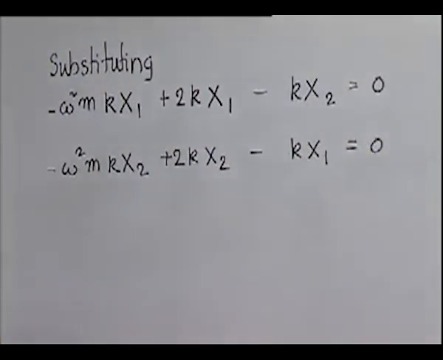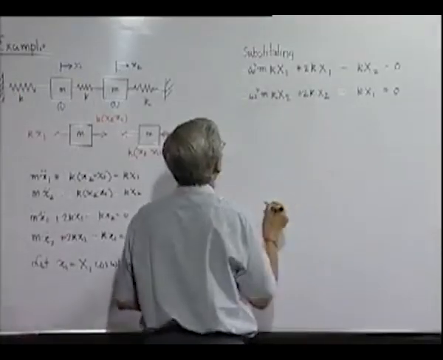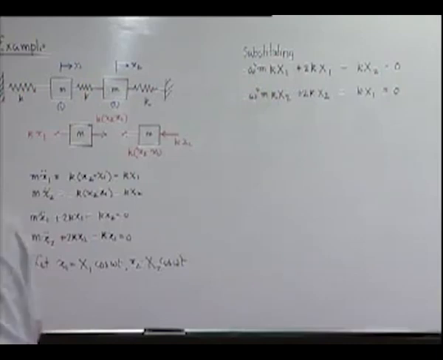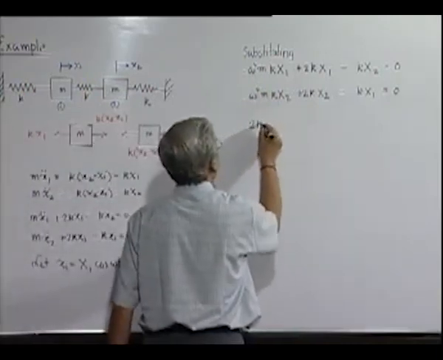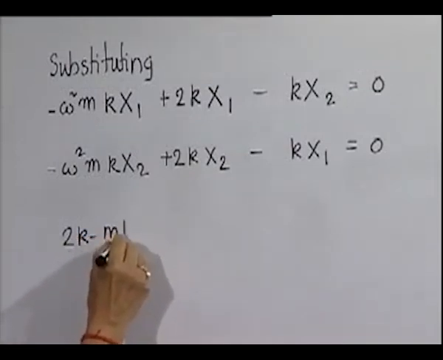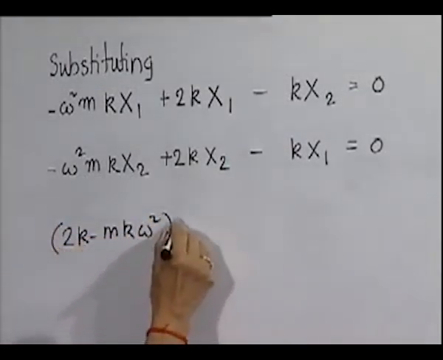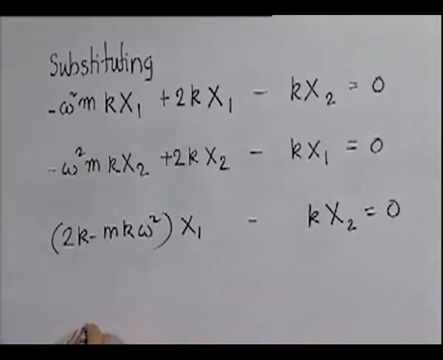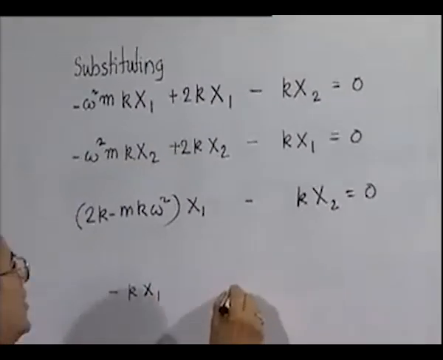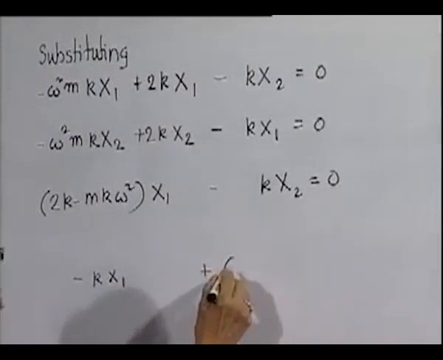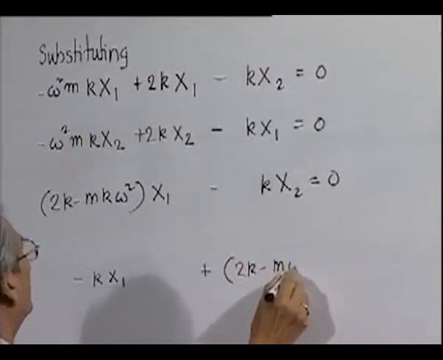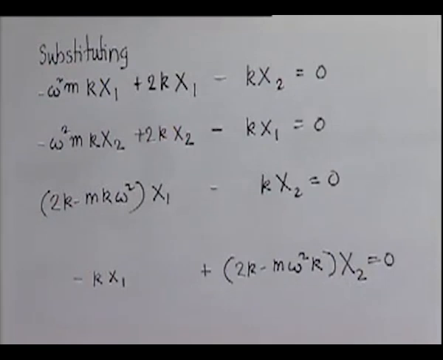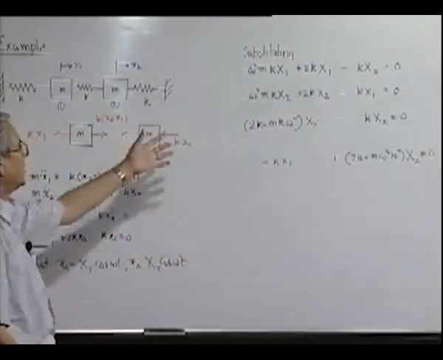Substituting x2 and x1 in the second equation, or we can write it in this fashion: (2k minus m omega square) x1 minus k x2 equal to 0, and minus k x1 plus (2k minus m omega square) x2 equal to 0.